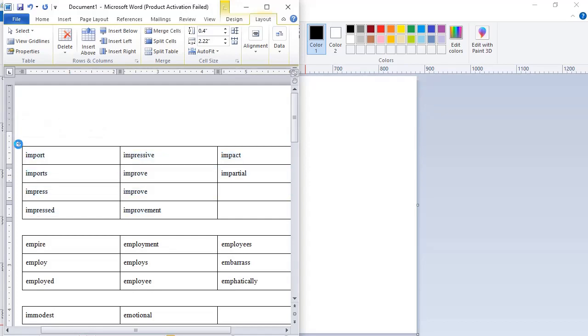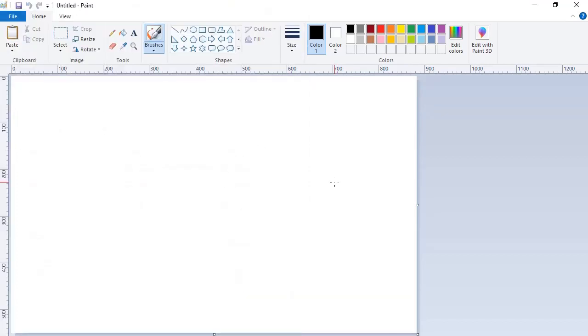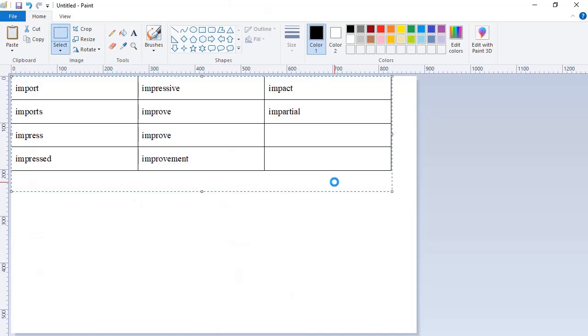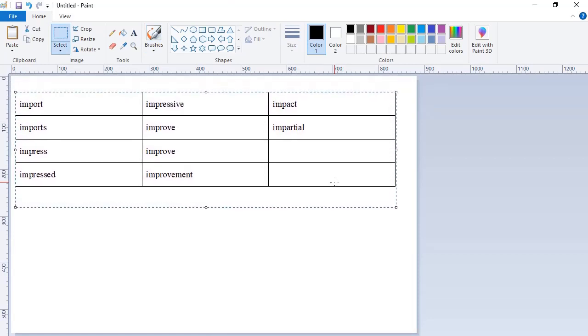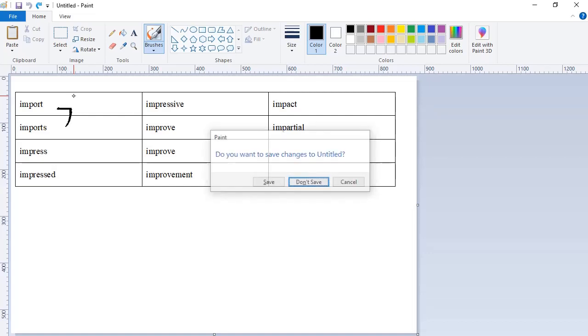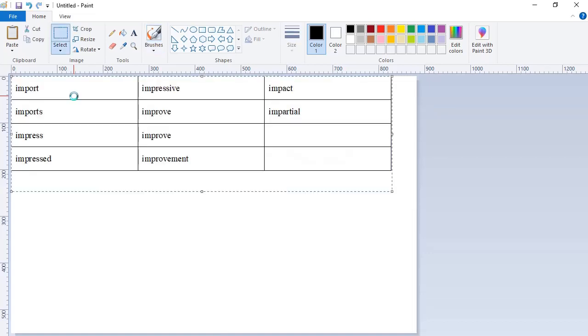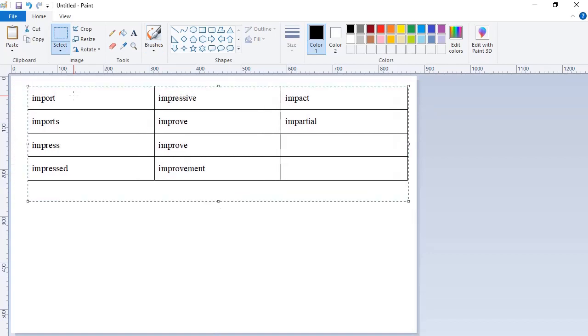Okay, so ayan. Baliktad. Bakit ayaw? Ano nangyari dito? So, yan. Try ulit natin.